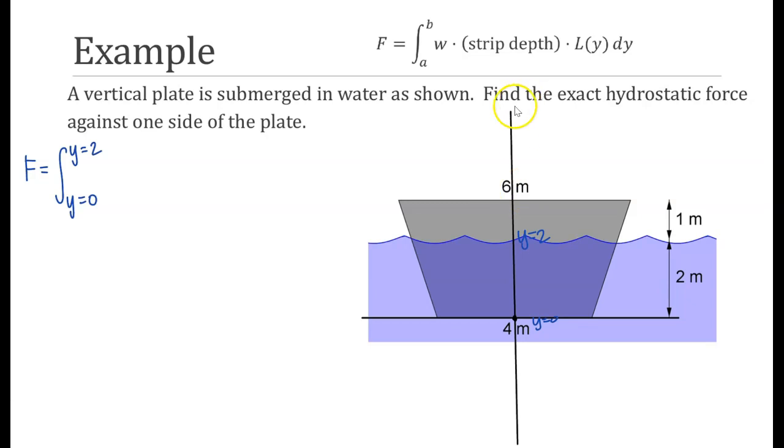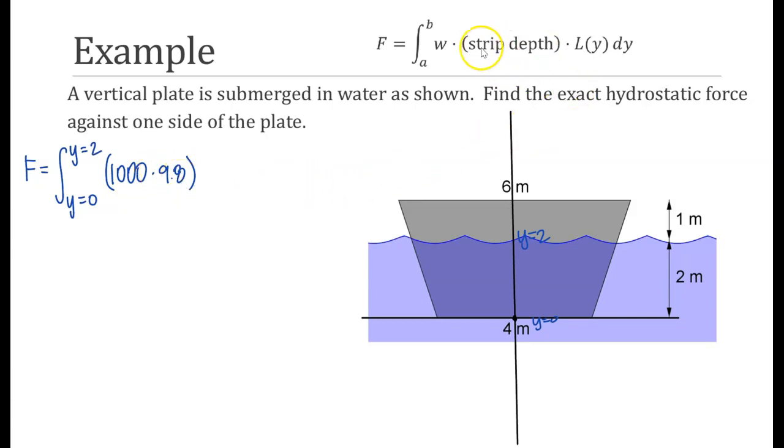And so our weight density is going to have to be our mass density of water times gravity. So the mass density of water is 1,000, and gravity is 9.8. So we have 1,000 times 9.8 is W. So it's rho times g, mass density of water times gravity.